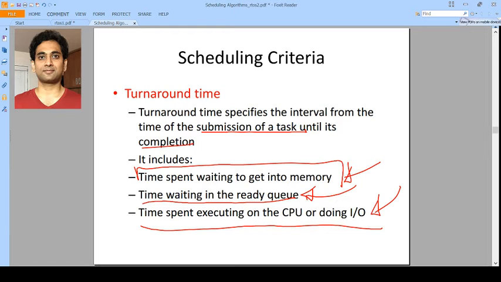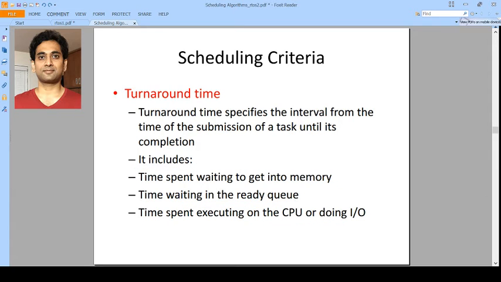So an addition of each of these times: time spent waiting to get into the memory, time spent waiting in the queue, and time spent executing on the CPU. All of these are added to give us the turnaround time.